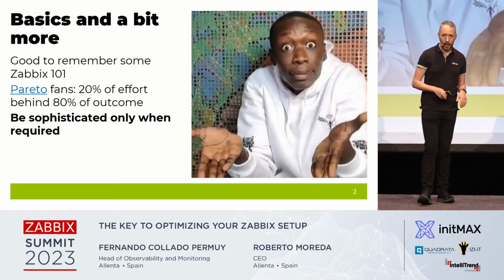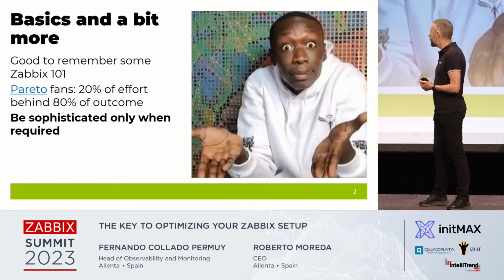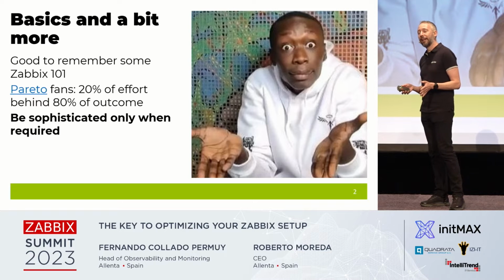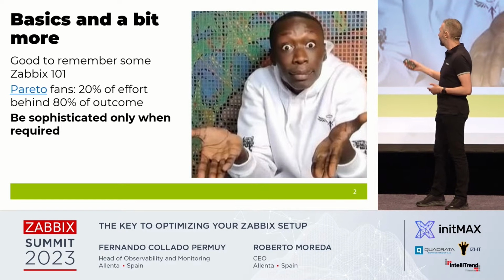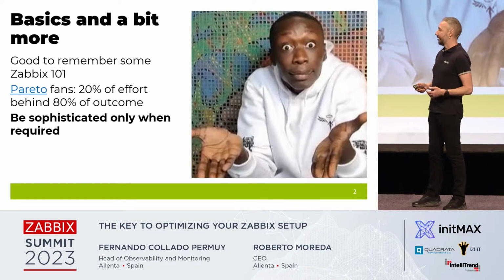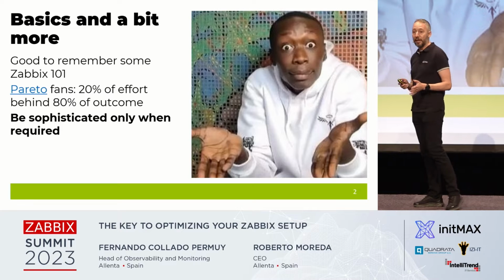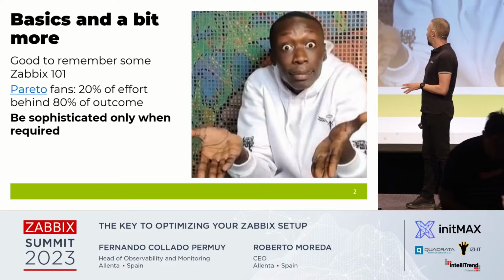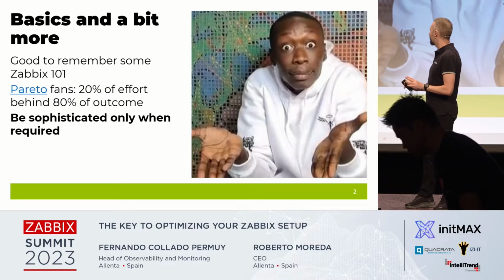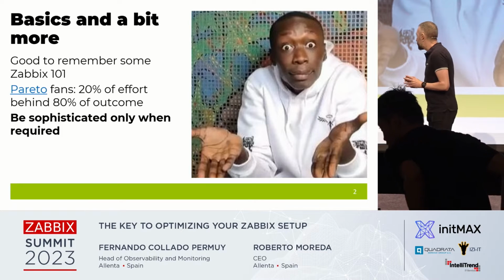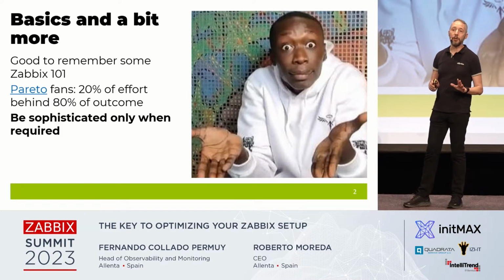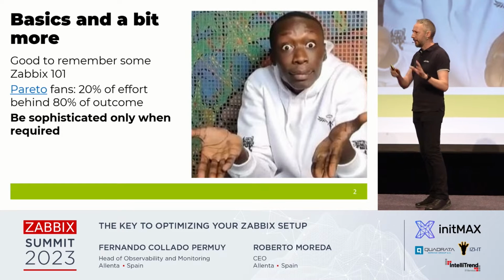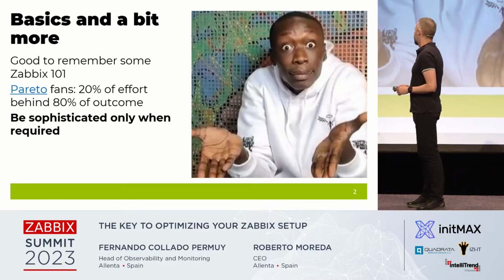At Alenta, we are fans of efficiency, we are fans of Pareto: we are convinced that 80% of the outcome, even more, is the result of 20% of the effort. The bottom line of this introduction is, please, let's be sophisticated only when required. We can get lost easily in those sneaky parameters.